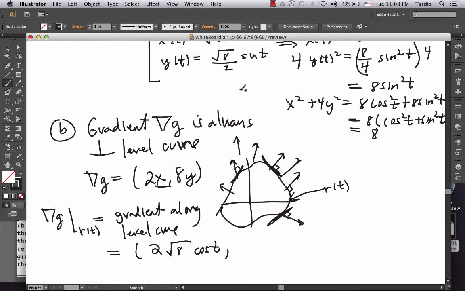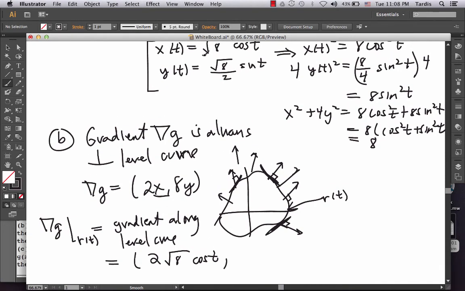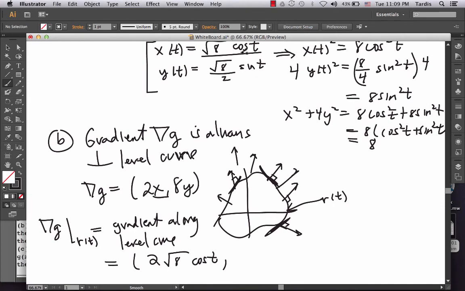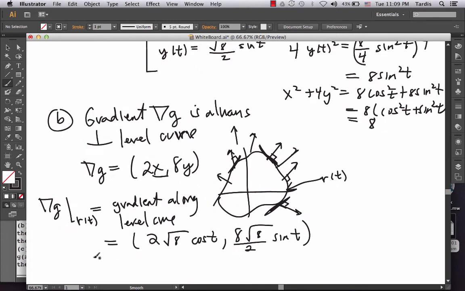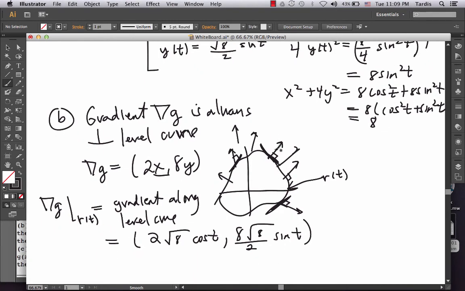Wherever I saw the x, I put in what my value of x was along that curve. And then I get 8 square root of 8 over 2 sine of t. So there's the gradient along the curve. That would be this arrow at any point along the curve.